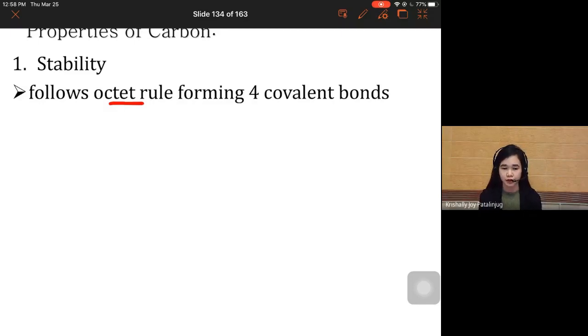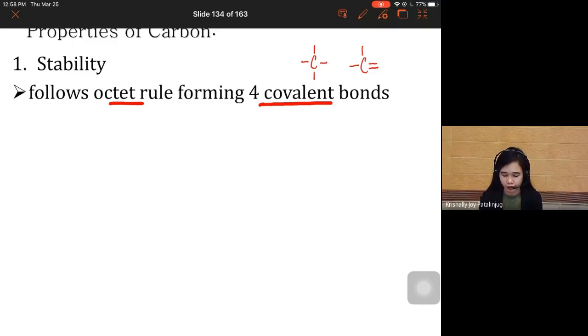Again, its stability is related to the octet rule, wherein there are about 8 valence electrons surrounding the carbon atom, and those 8 electrons are being shared by 4 covalent bonds. Carbon may be surrounded with 4 single bonds, or it may carry 1 double bond and 2 single bonds, so that is still 4 covalent bonds.